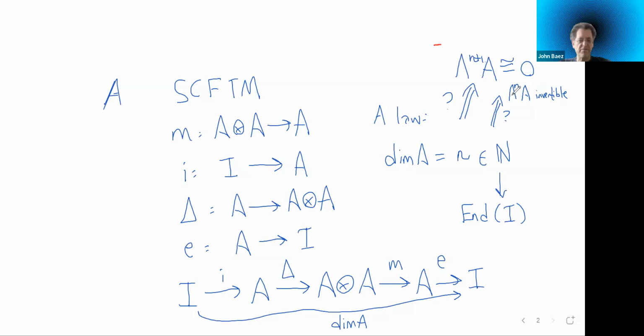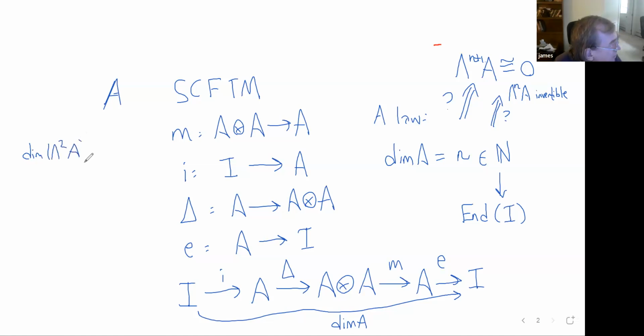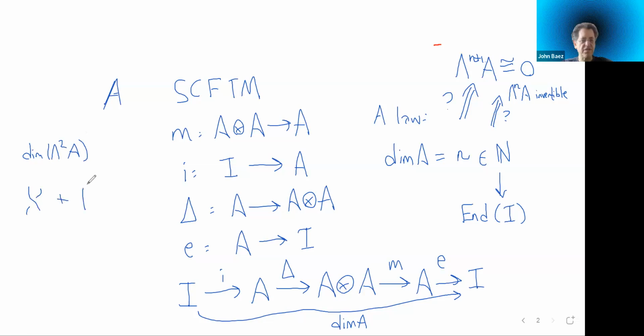So let me just draw a picture just to show you what I'm talking about. Well, it sounds like you're telling me what I was going to tell you, but go ahead. Okay, so if I try to calculate the dimension of lambda 2 of A, I know that lambda 2 involves anti-symmetrizing. So it involves something like, now I'm using string diagram notation that you don't.